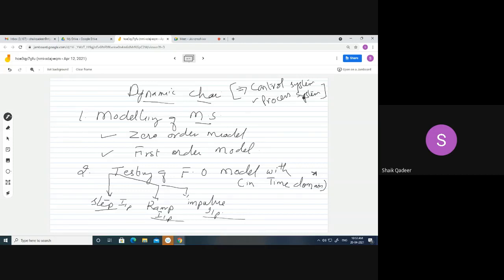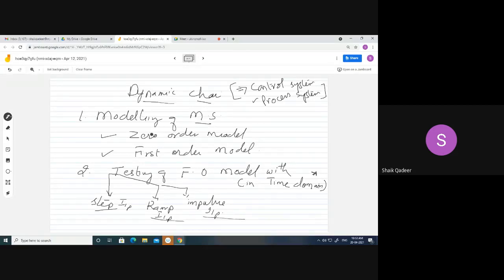So under transducer engineering, unit 1, we are not directly going into the discussion on dynamic characteristics. Instead, we start from scratch and discuss the modeling of measurement systems.